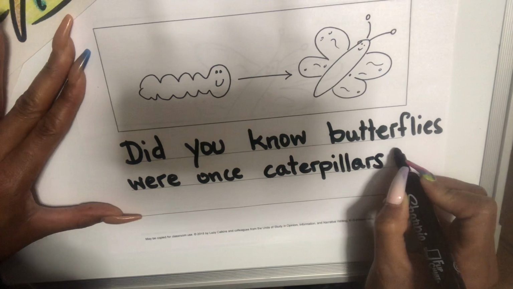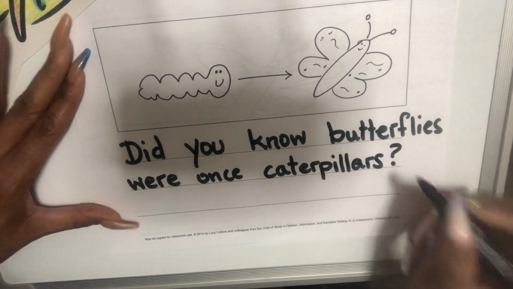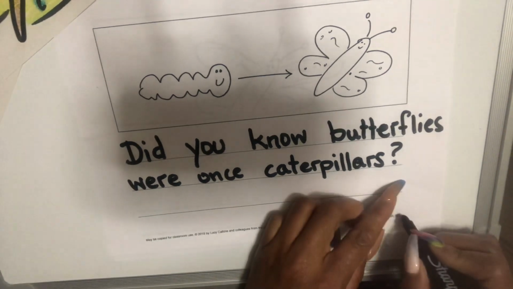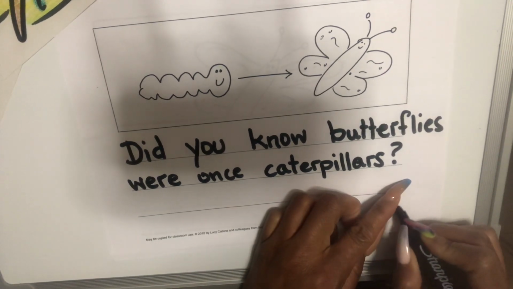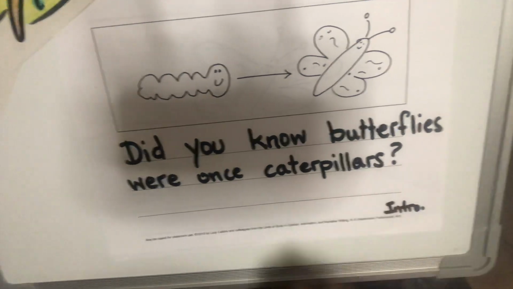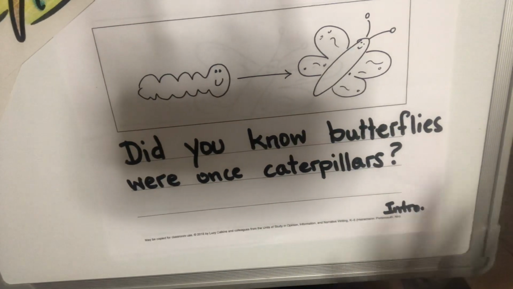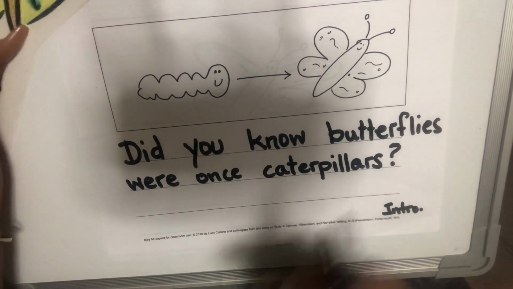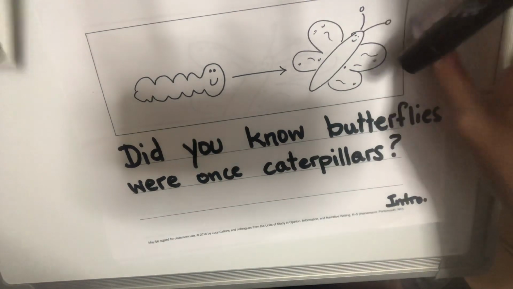And that's a question, so I'm gonna put a question mark. Oh my goodness, that's a really good way to start off this book. And this is our introduction. Oh, wow. I like that. I like how we're starting. So now we're going to continue.